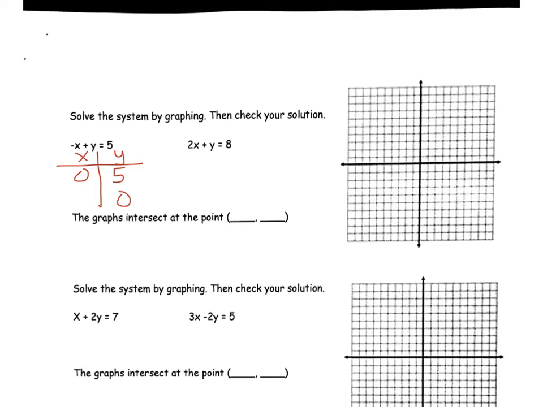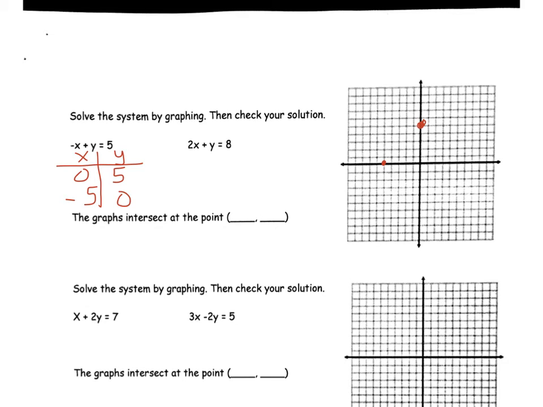When I put in 0 for Y, my X is going to be -5. So when X is 0, Y is 5. 1, 2, 3, 4, 5. And -5. 1, 2, 3, 4, 5.